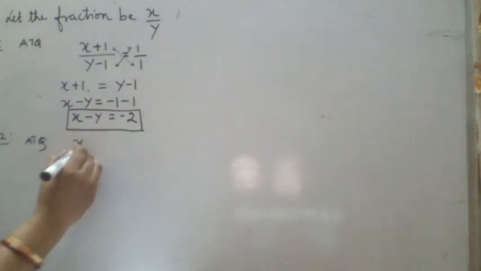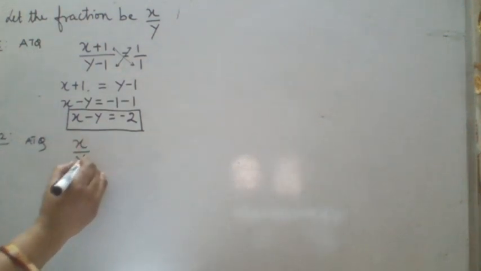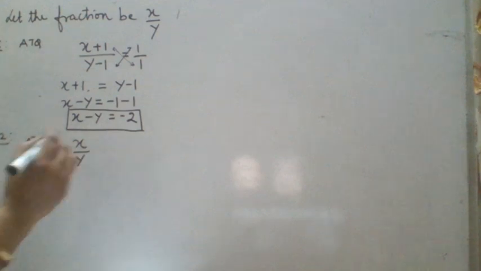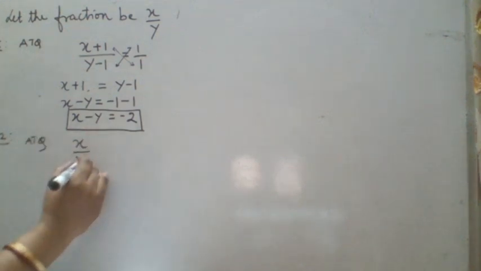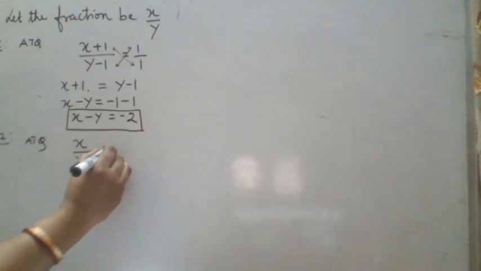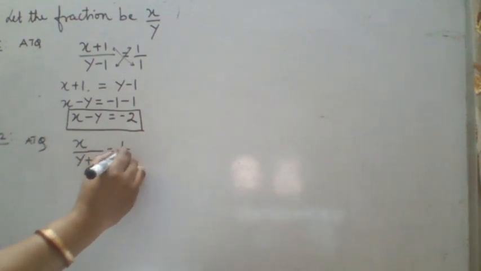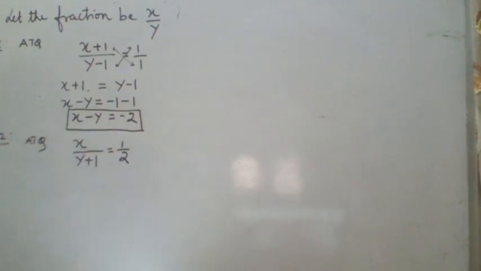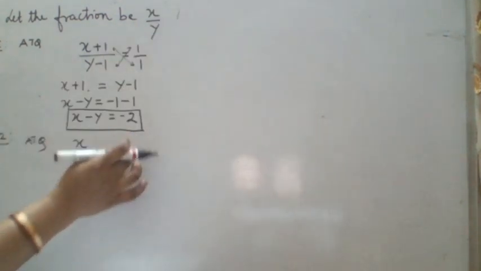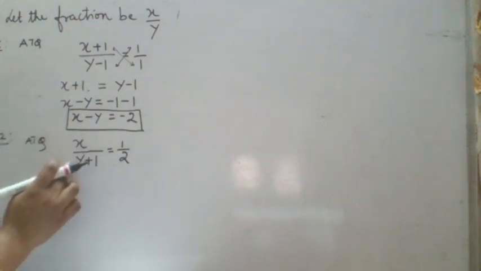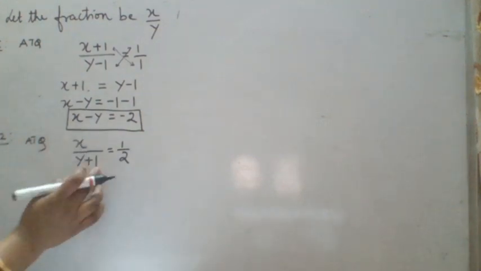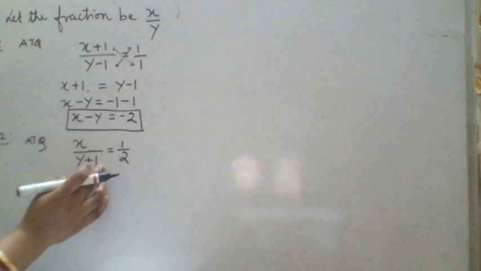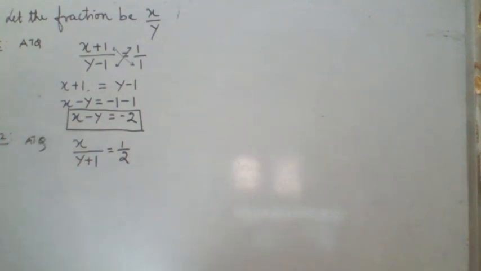So earlier my fraction was x upon y, but if we add 1 to the denominator, that is x upon y plus 1, then the fraction becomes 1 by 2. So this is equal to 1 by 2.